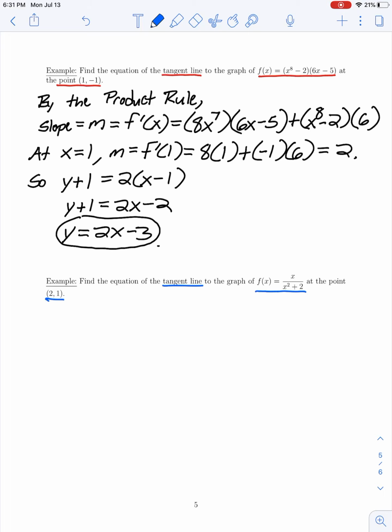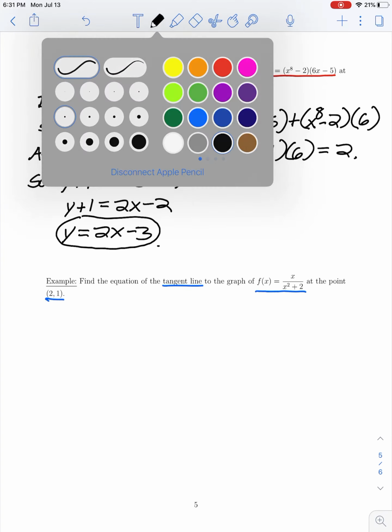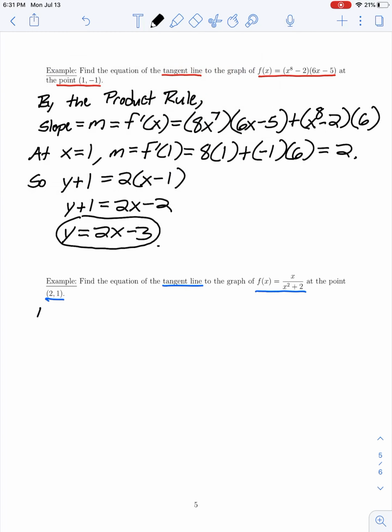And since our function is a quotient of two polynomials, we would be making use of the quotient rule. So by the quotient rule, our slope for the tangent line, which I'll call m, is given by the derivative of the function, f prime of x. So using the quotient rule, we first differentiate the numerator.